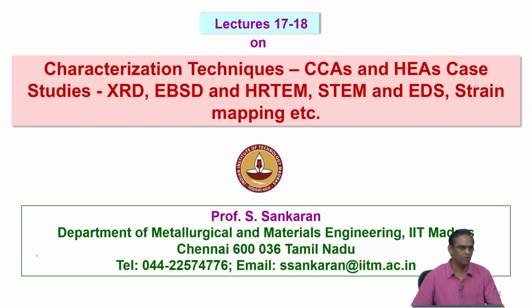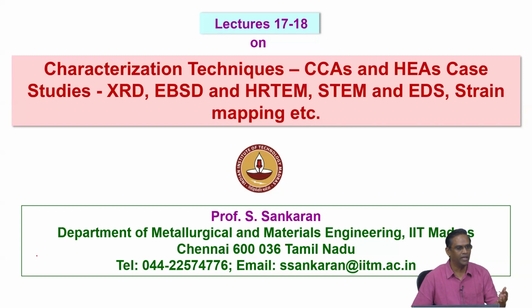So we will not be able to identify the elemental distribution or the short range order. You should have a significant difference in atomic scattering factor between the elements, then your characterization techniques can identify them.